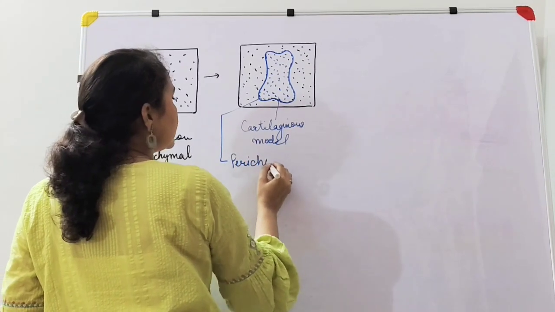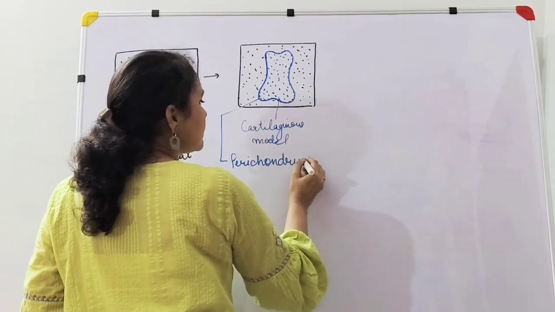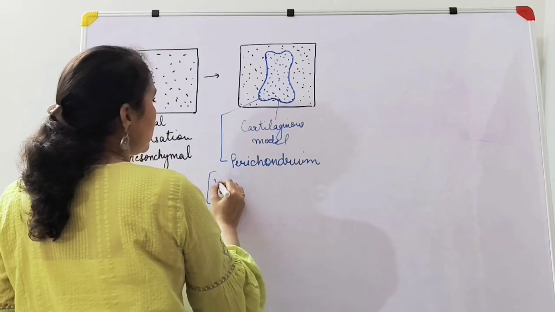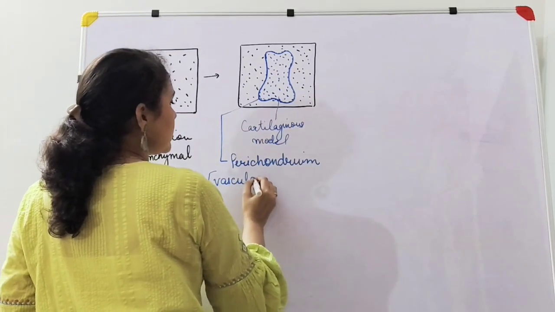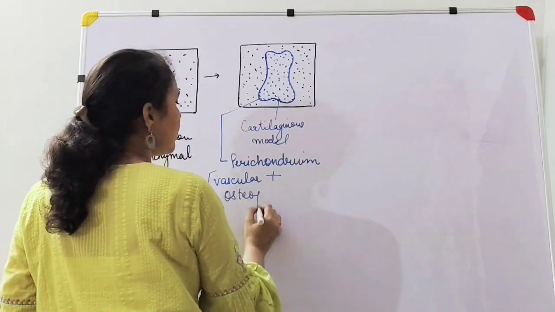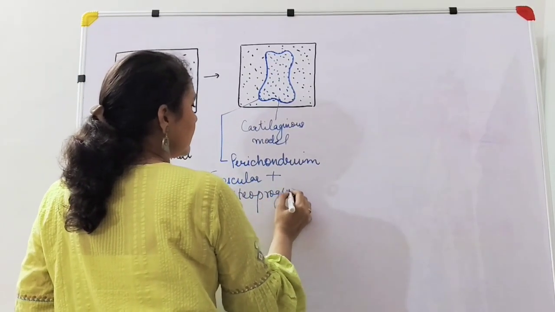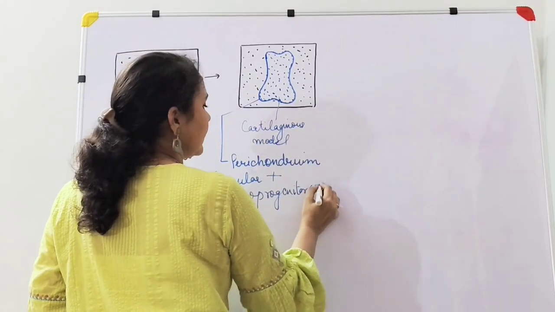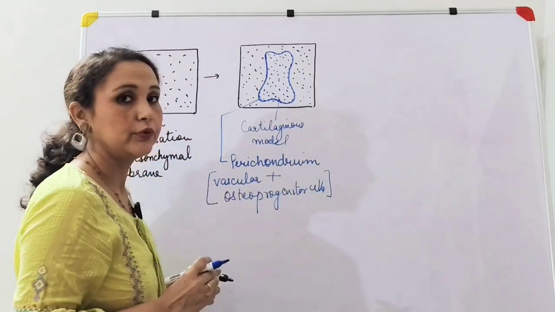An important point here to remember is this perichondrium is very vascular. It is very vascular, plus it has the osteoprogenitor cells, which will lay down the bone tissue.